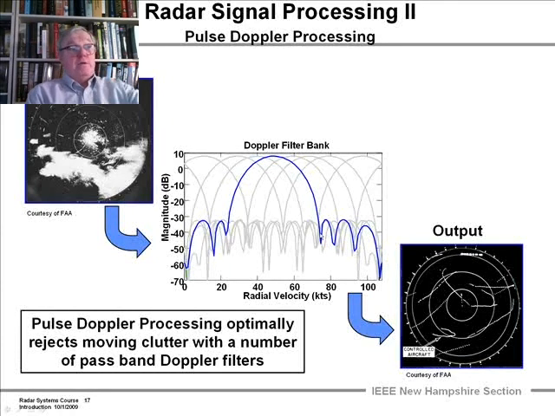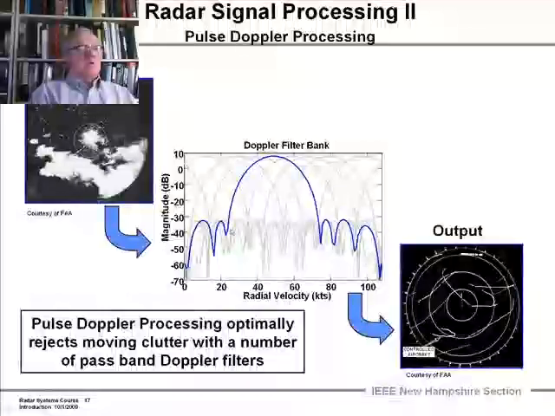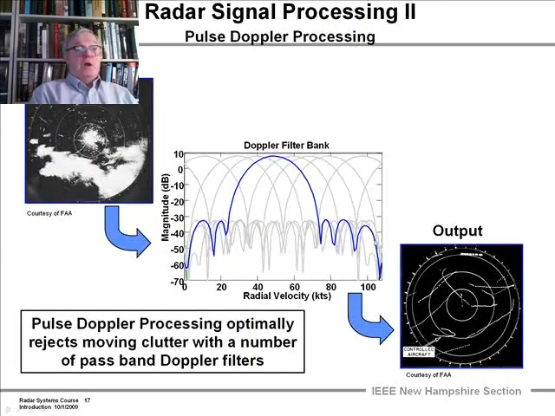This is one of the 8 or so in this particular processor, and you see that it will detect very well targets going 50 knots, and it'll reject targets going 0 to 20 and 80 to 100.